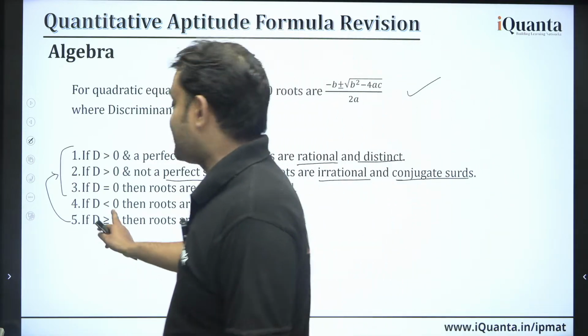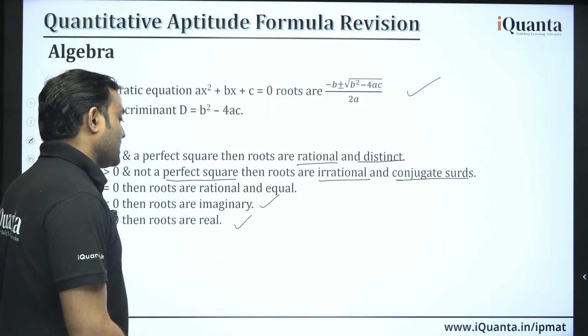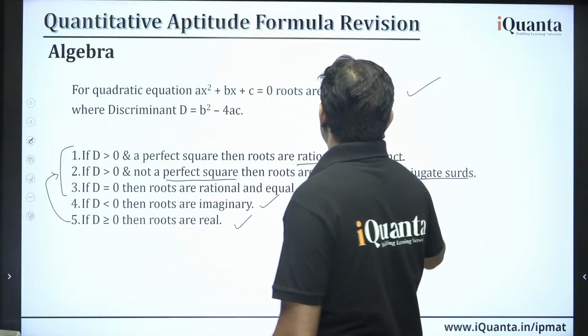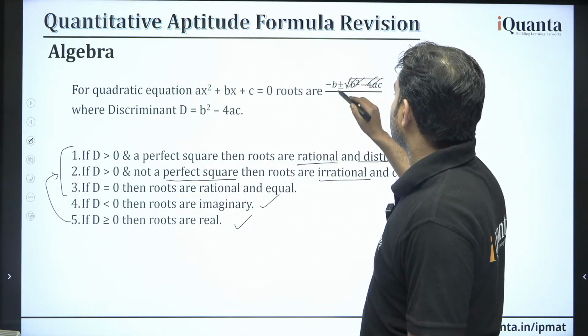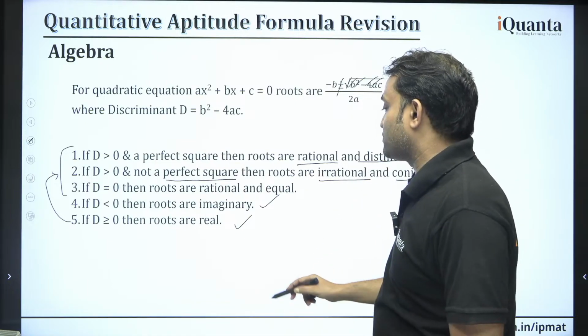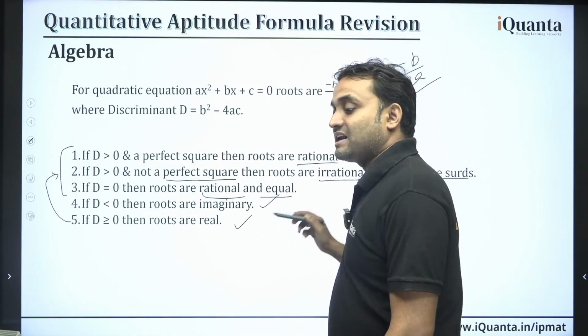If d is less than 0, the roots are imaginary; we have already done this. Point 3, when d becomes 0, there will be only one root, which is minus b by 2a. In that case, roots are rational and equal.